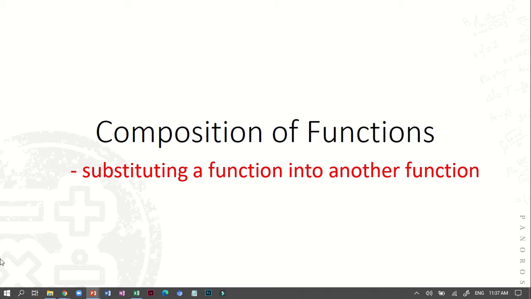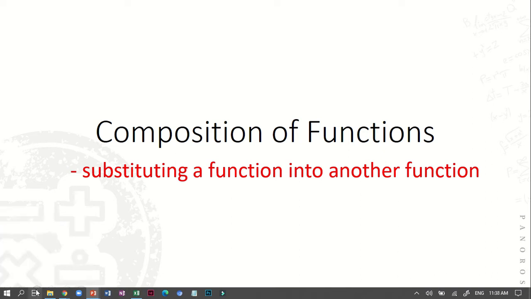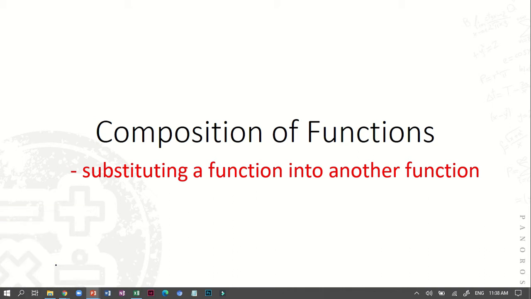So kung babalikan natin sa mga previous lesson natin, halimbawa kung meron tayo dito na f of x, ibig sabihin nito, si letter x natin will be replaced by another function.